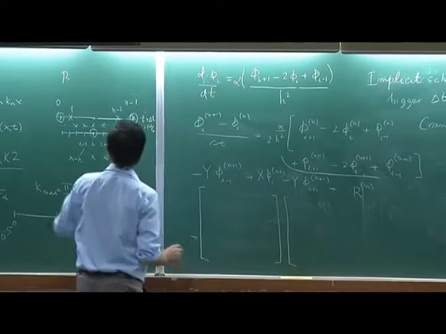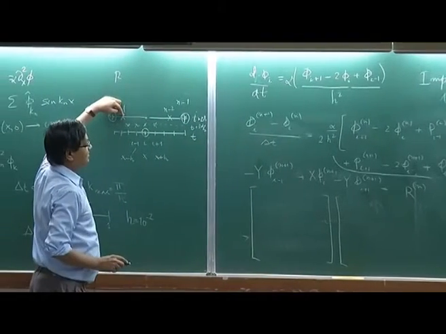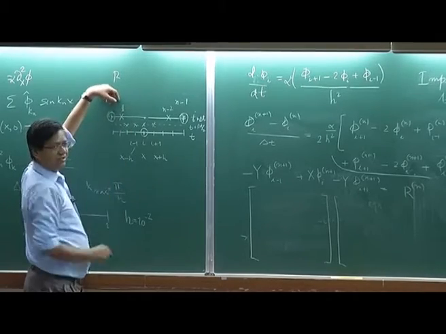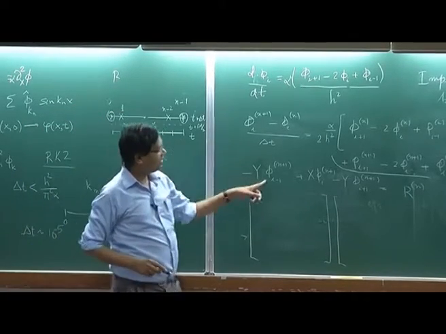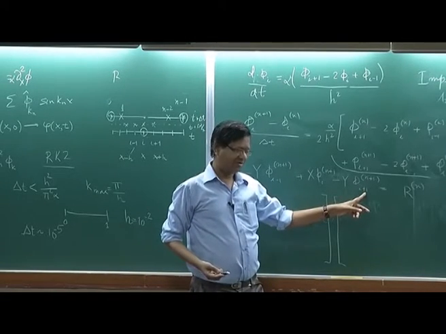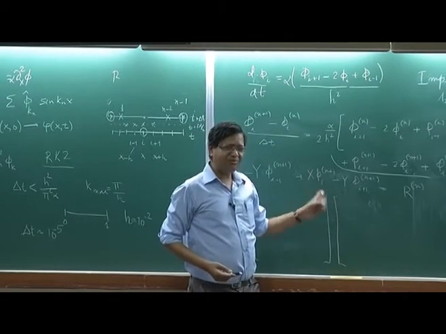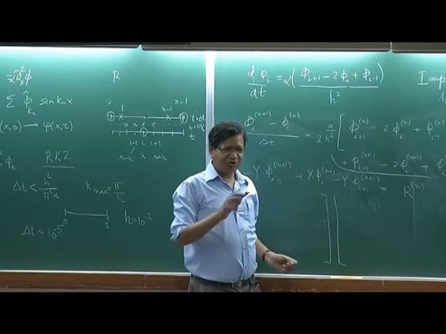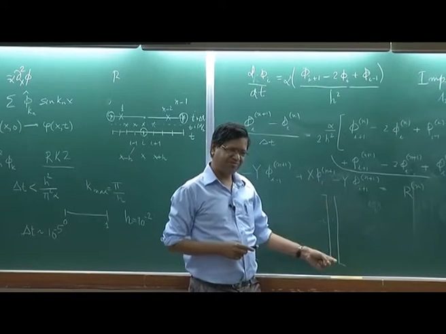so let us look at this point. So, this is point 1. So, 1 will have 0 here and 2 here. And by the way, I should not solve the matrix for phi 0. Phi 0 is already 0. So, I should not use that as a column in this matrix.